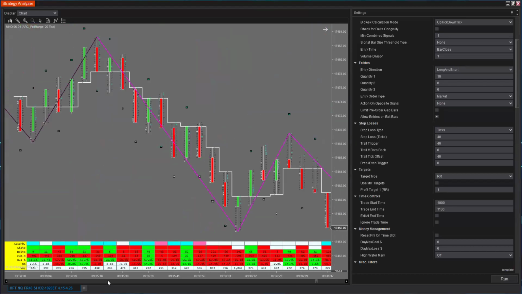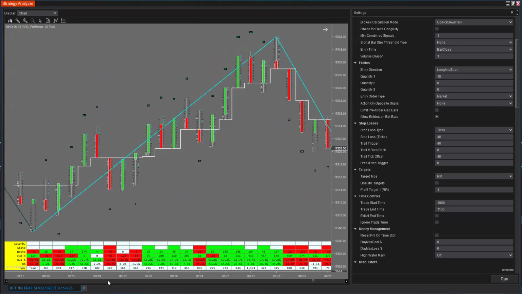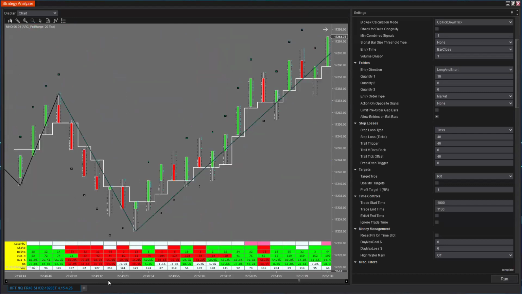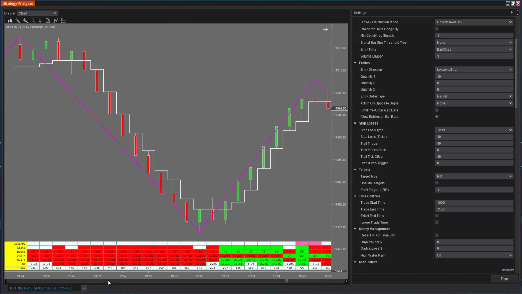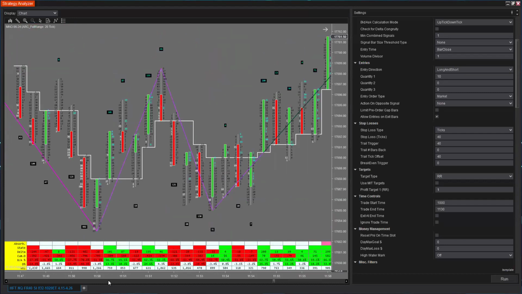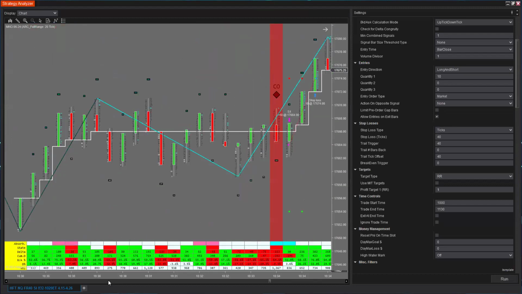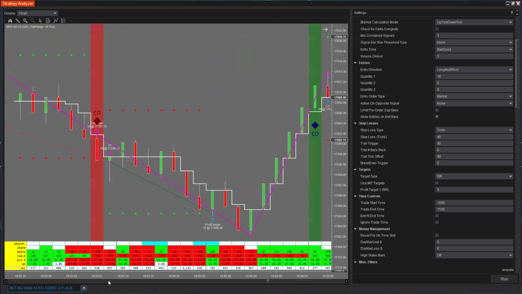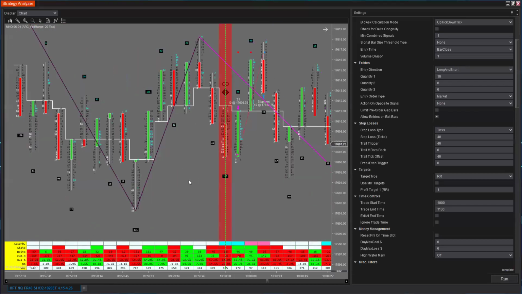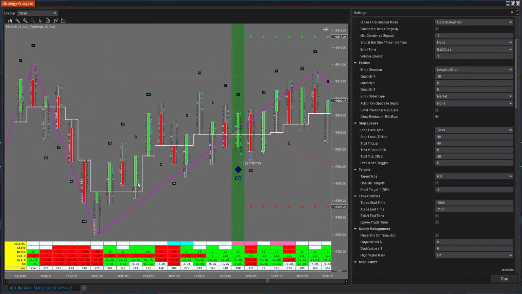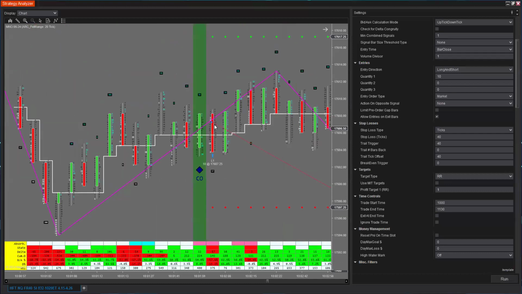Let's go back a little bit, go back another day. As a hint, if you want to go faster, don't use the arrow, use the page up, page down. Okay, there, faster. Cool. There we go. So there's the start of the session. Again, first trade, you're probably just skipping it and saying long only. And this one came in late.